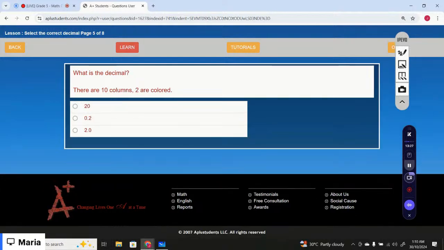What is the decimal? There are 10 columns, 2 are colored. Which is the correct option?